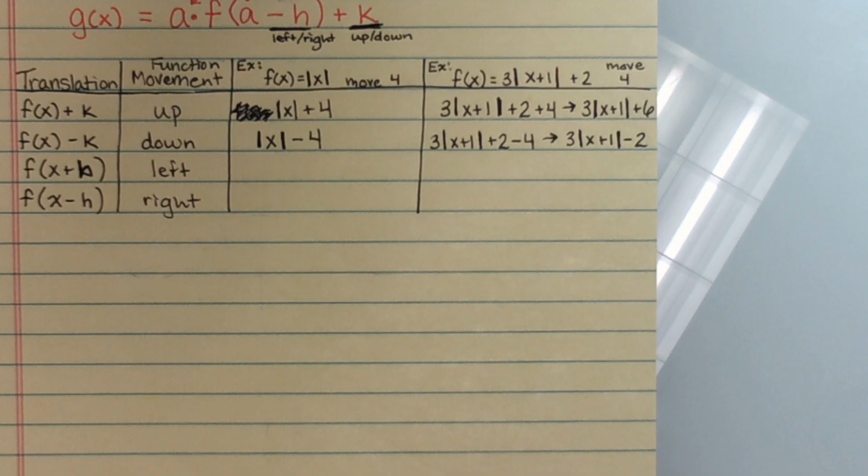If I want to move something left, it says to do x plus h in parentheses. So when you want to move something either left or right, same idea, you only do the adding and subtracting directly where the x is.